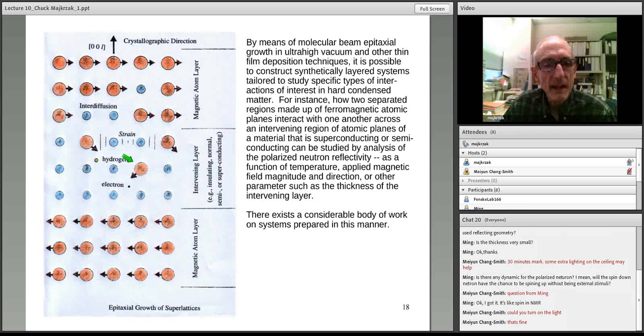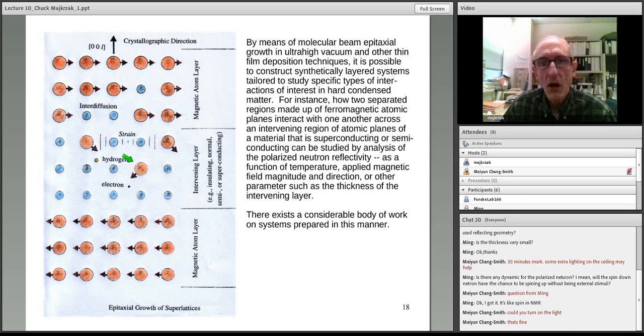Here is a system that represents an atomic layer-by-layer growth of, let's say, magnetic atoms, maybe iron, for example. Let's say we have 3 layers and then another 3 layers, but they're separated by an intervening layer of 3 atomic planes of a non-magnetic material, which could be a superconductor, a semiconductor, an insulator, whatever system you're interested in.